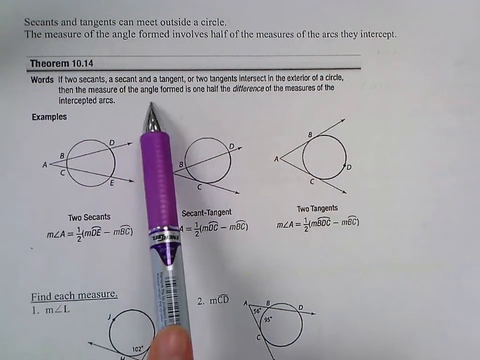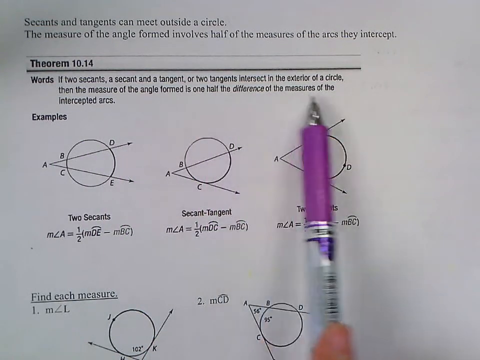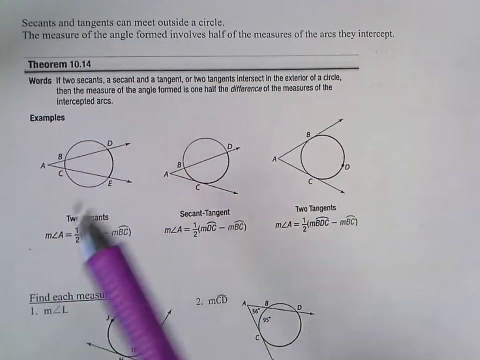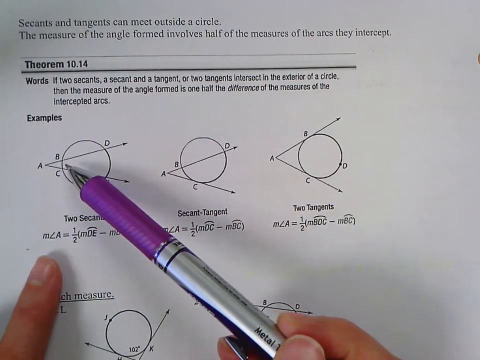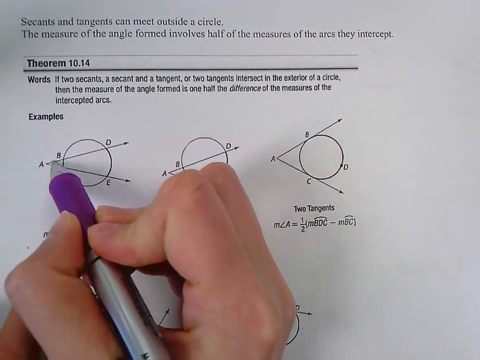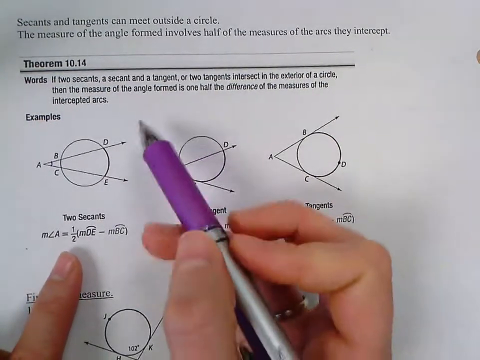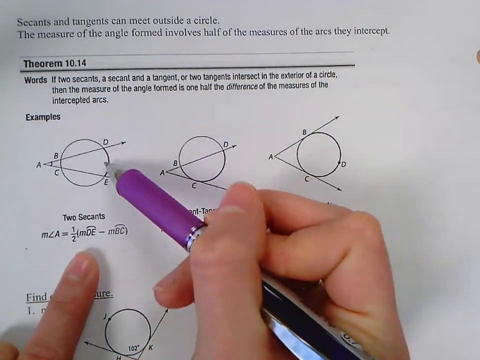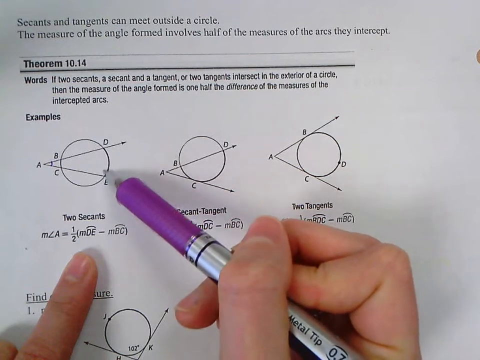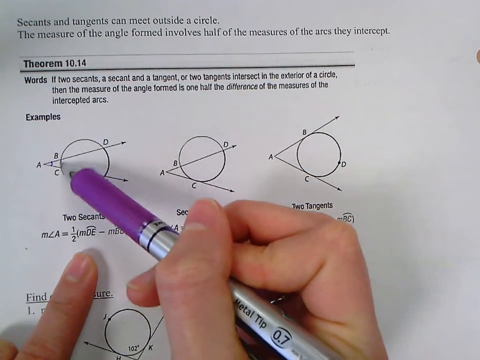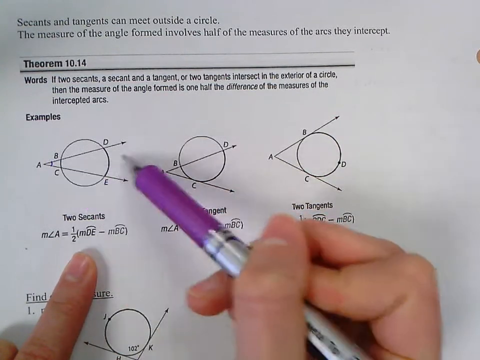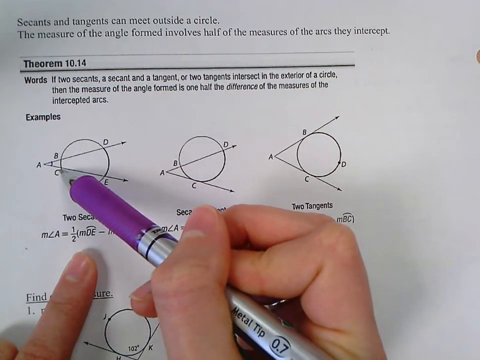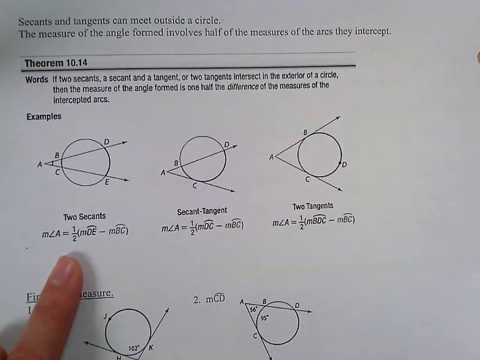The measure of the angle formed is half the difference of the measures of the intercepted arcs. So if I look at this one, it's saying the measure of this angle A is half of the larger arc minus the smaller one. But the two intercepted arcs, it's the larger one minus the smaller one, and then dividing that in half.